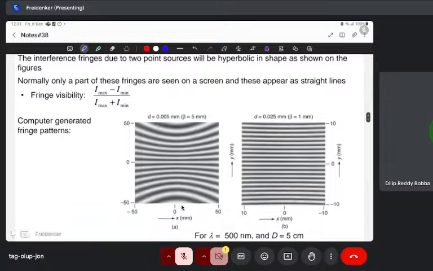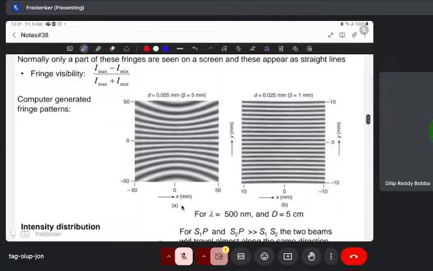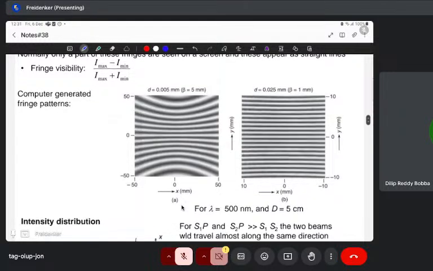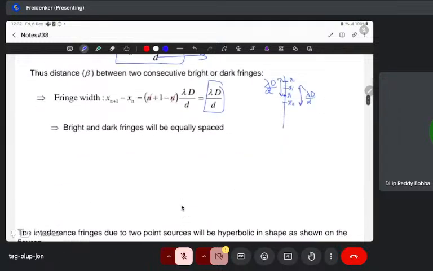Okay. So what is happening? Let us notice what is changing. D is increased. Beta is fringe width. What was the formula again? Yes, lambda.